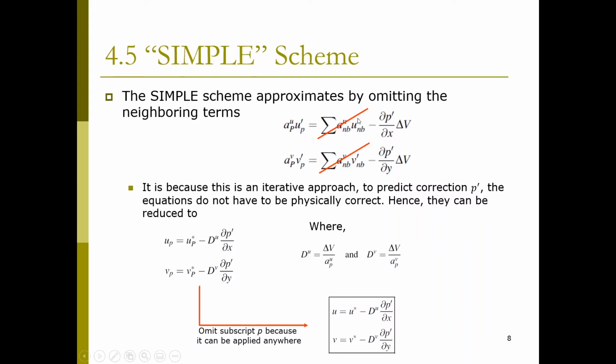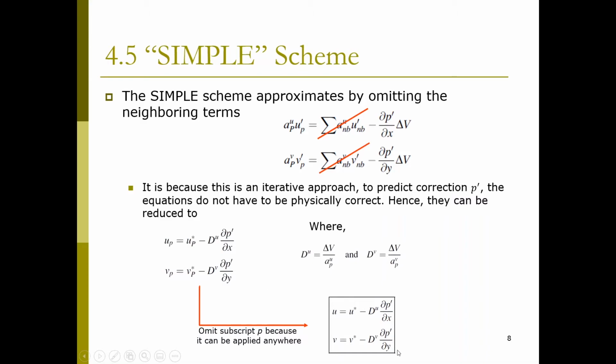So by removing the neighboring terms, they can be reduced to these equations where we define this du and dv as delta V, the finite volume, over the coefficients a. So basically, these are all already known actually. So we omit the subscript p because these equations can be applied anywhere.